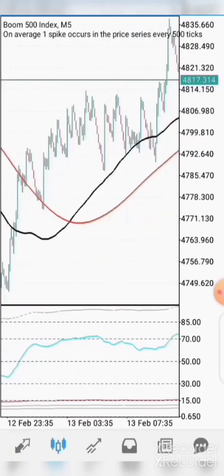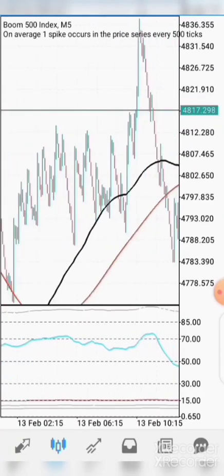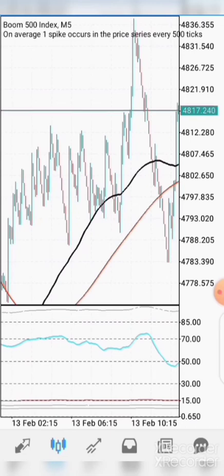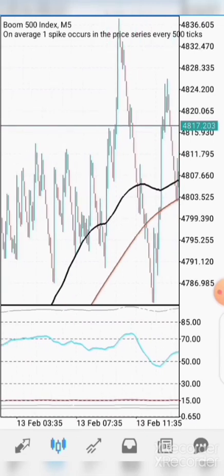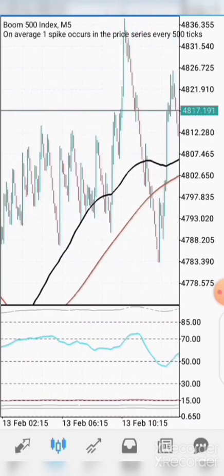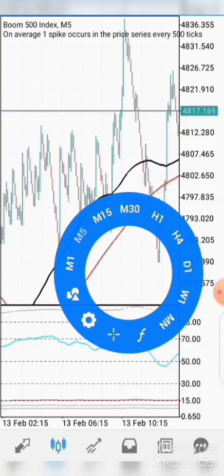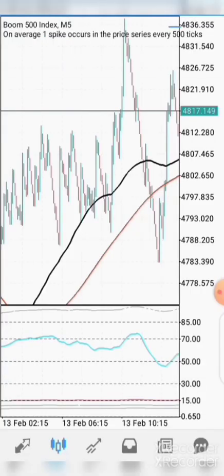Now, as long as the price is above the moving average, you hold it. Let's see what will happen. I use this here to mark where I close my trade. This is where I close the trade because it is now below this moving average, and here.